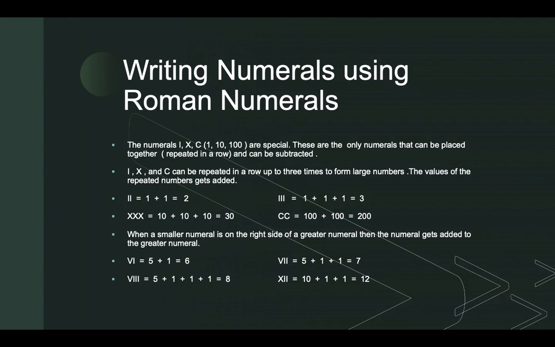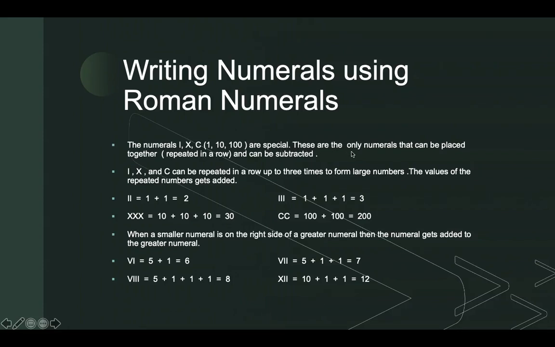Now children, I will tell you how to write numbers using Roman numerals. Here are some rules given to you. You have to follow these rules when you change Roman numerals into numbers. The first rule is that the numerals I, X, C are special.